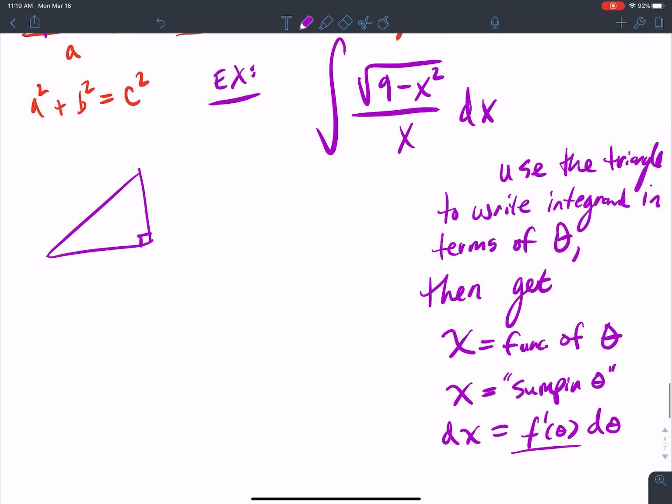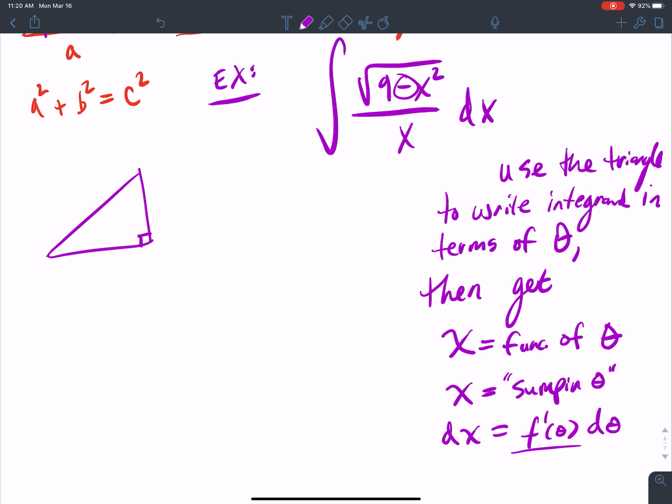Now I'm looking at this, and what's inside my square root is going to help me draw my triangle. So how do I do it? Well, I think about the Pythagorean theorem.